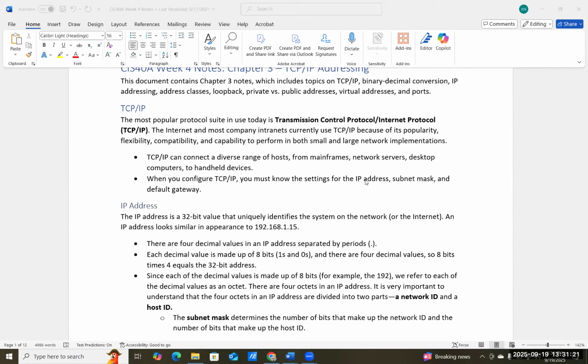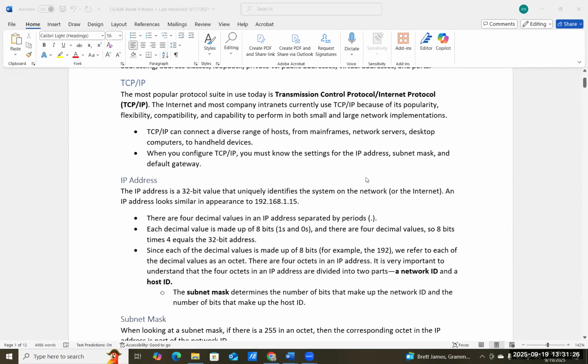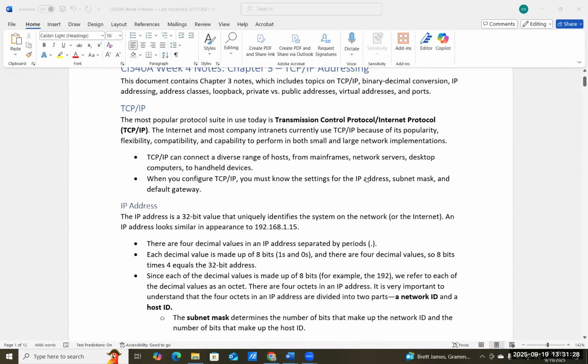So when you look at the notes, the beginning part of it goes over Transmission Control Protocol. And I think we talked quite a bit about TCP and the protocols that belong to TCP. But the internet is run by Transmission Control Protocol and Internet Protocol.